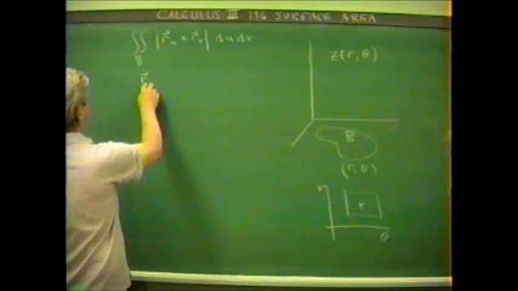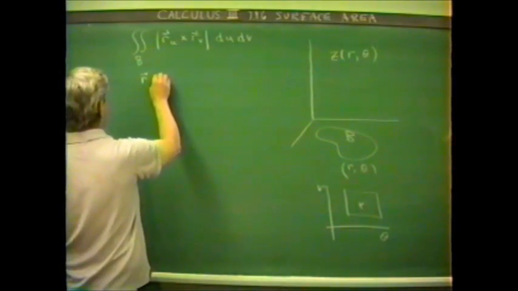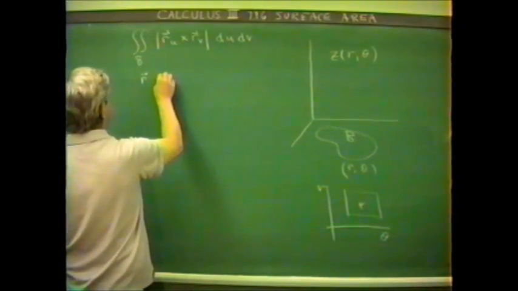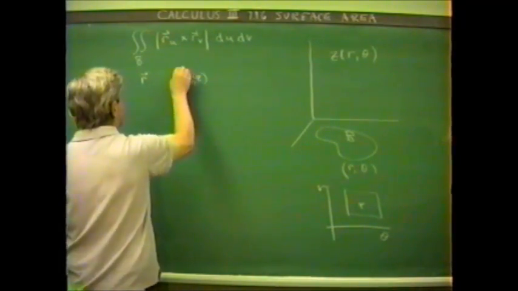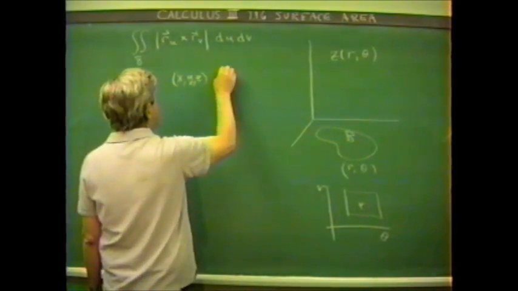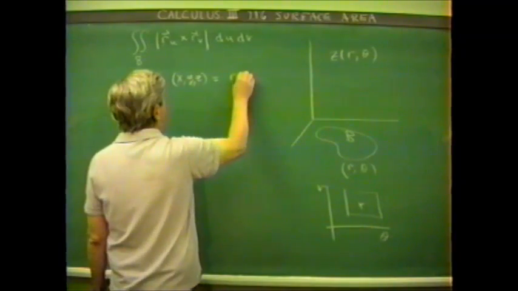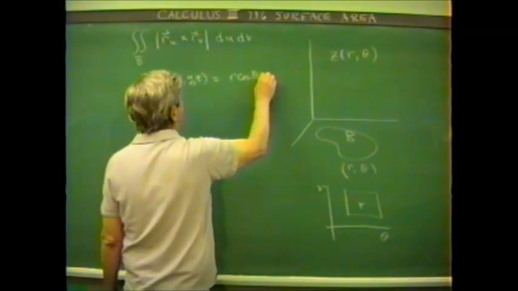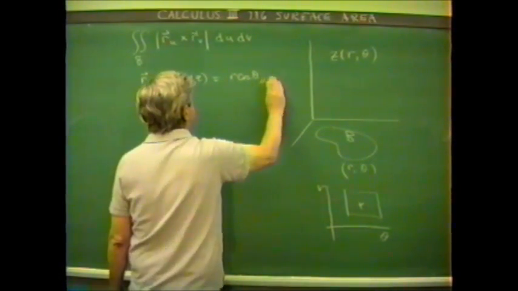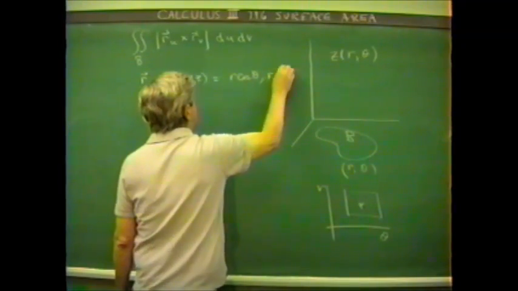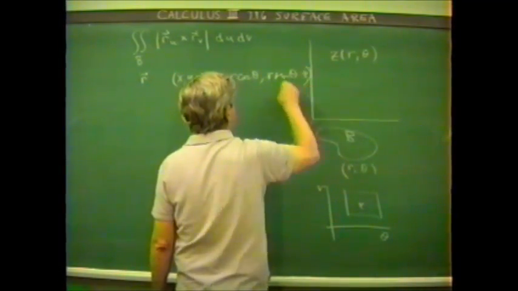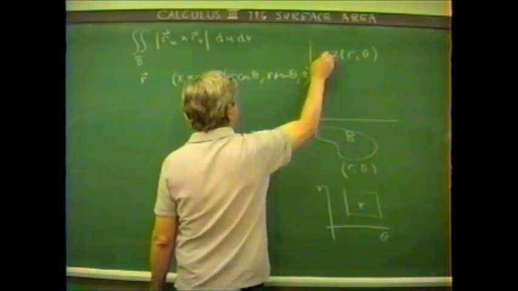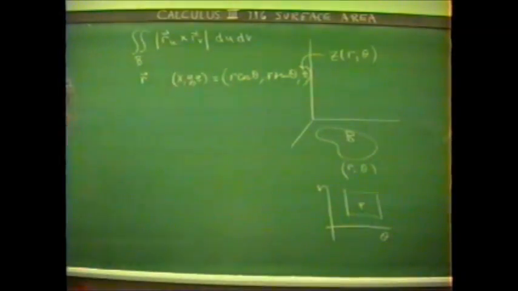Our vector r is going to give us x, y, z, where x is equal to r cosine theta, y is equal to r sine theta, and z is equal to z of r and theta. So z is our function here, z of r and theta.